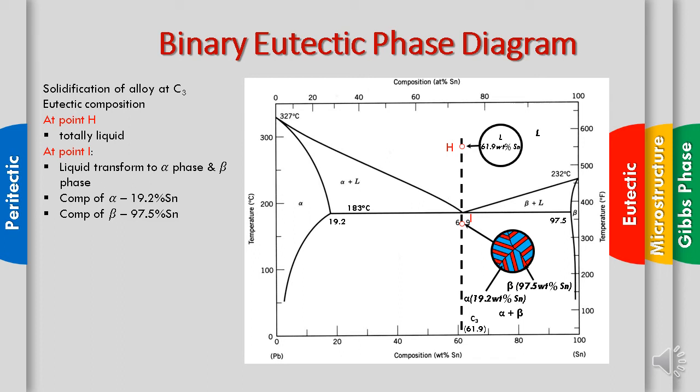If you compare with the previous slide, at this 40 line, we can see the composition below the eutectic temperature is different.